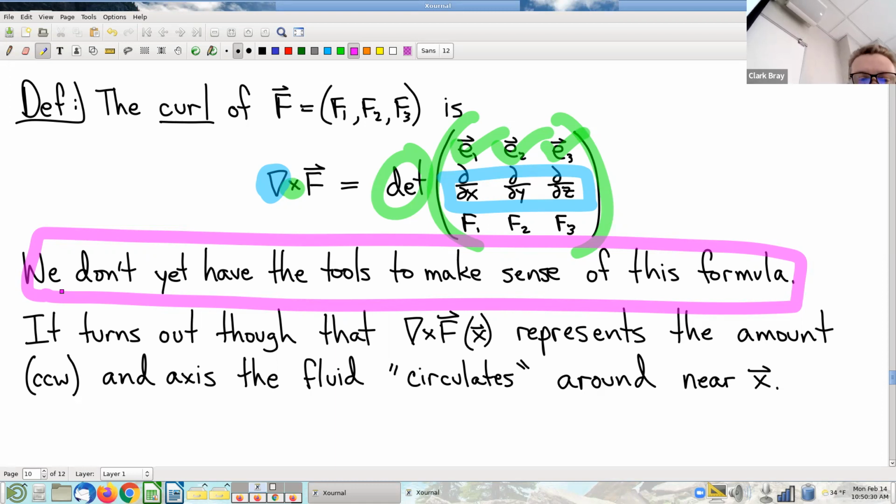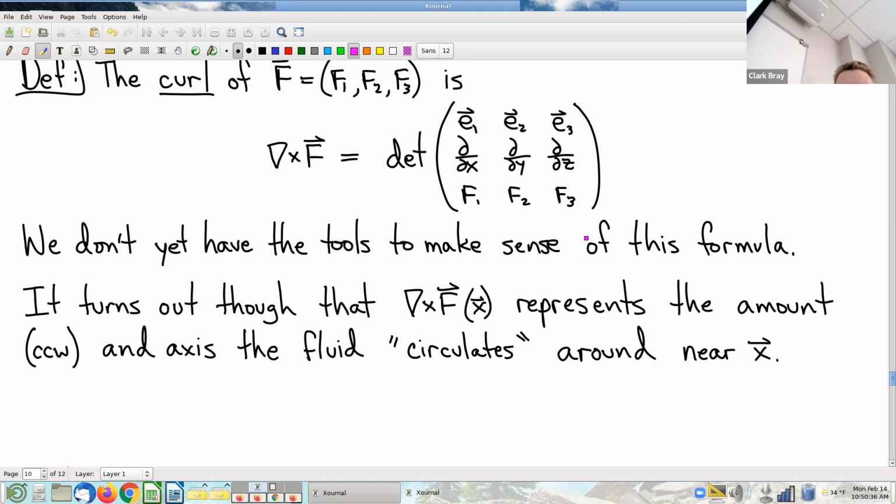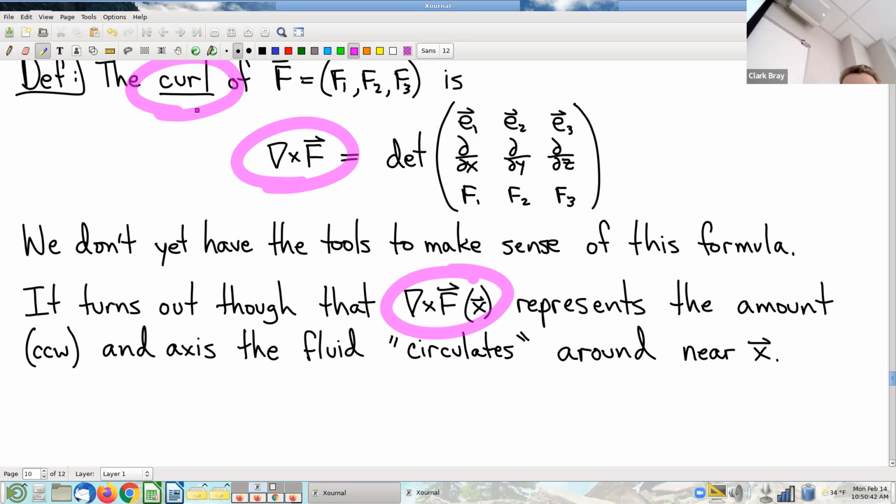Okay. So, with absolutely no justification, I'm going to make, again, an assertion. This thing called the curl of a vector field represents the amount and the axis. So this is two things.